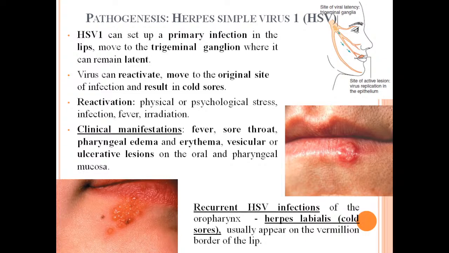So in these vesicles, here and here in the mouth, there are a lot of herpes viruses. That's why it is transmitted through kissing or through sharing of objects, bottles or cups, when virus is left on the surface of these objects.